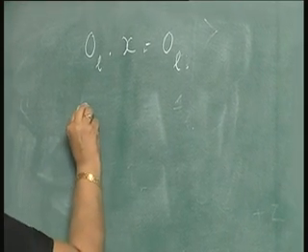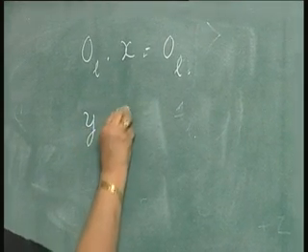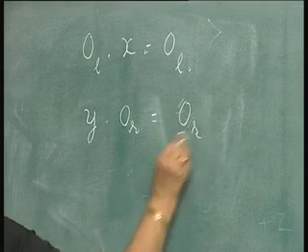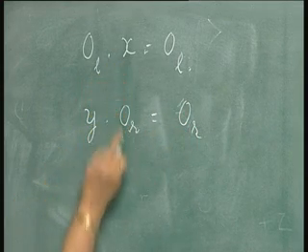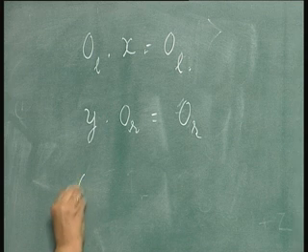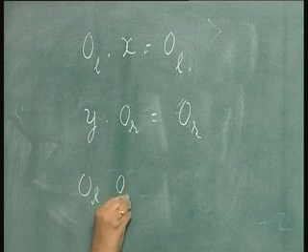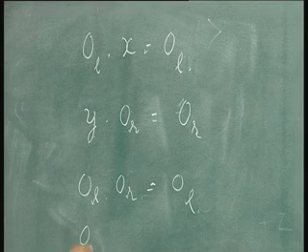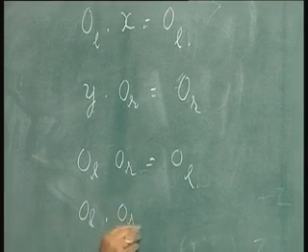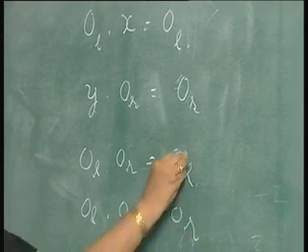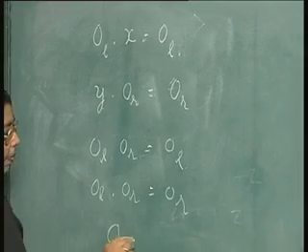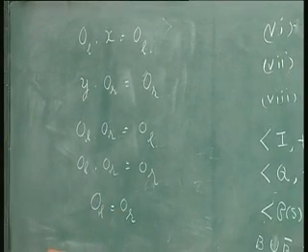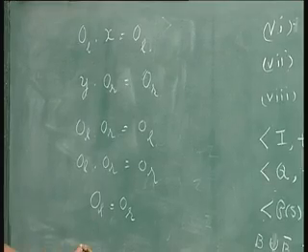Then if you have a right 0, 0R, that will be 0R. Now in this put x is equal to 0R, you get 0L into 0R is equal to 0L. In this put y is equal to 0L, you get 0L into 0R is equal to 0R, and from this you get 0L is equal to 0R. So, if you have both the left 0 and the right 0, they will be the same.